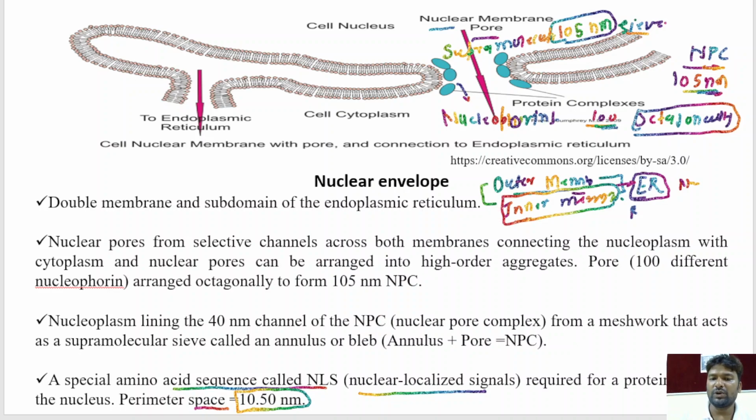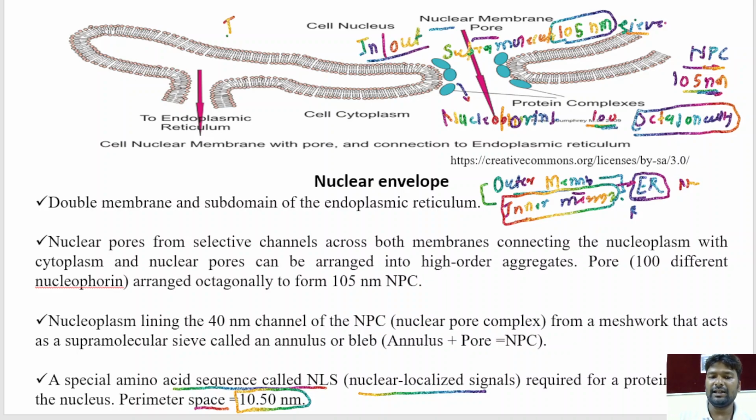And some proteins, the nucleoporins, form a nuclear pore between these two membranes, which is required for the protein to enter. And there is the NLS, nuclear localization signal, which is required for a protein to enter into the nucleus. Also, there are some proteins which control the in and out movement of the nucleus.